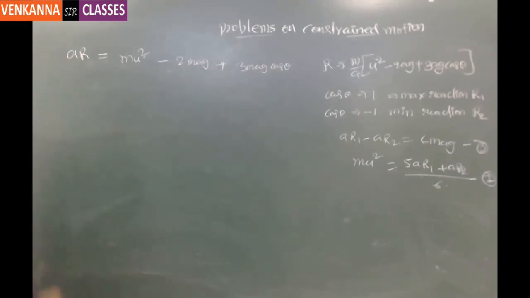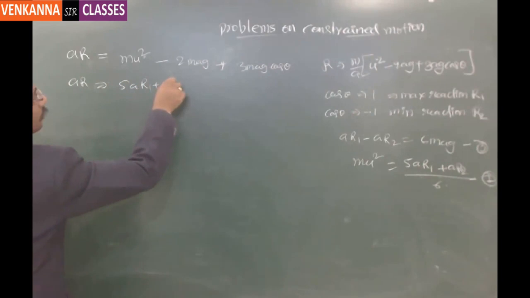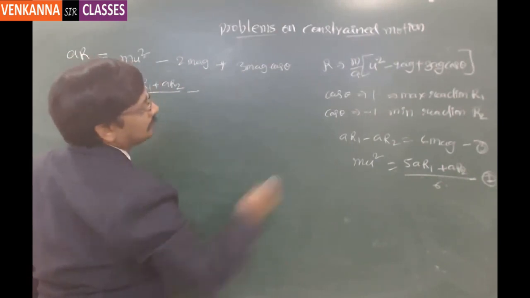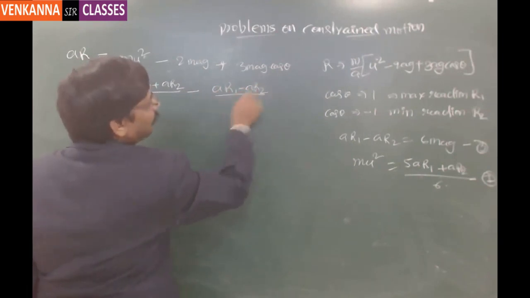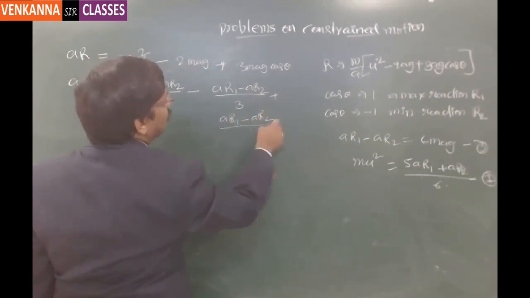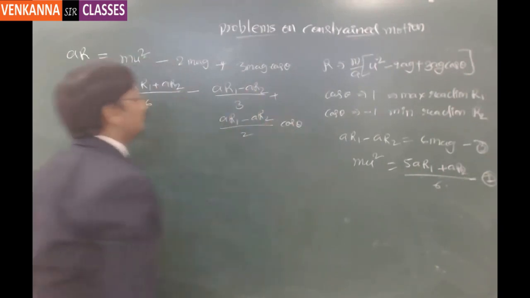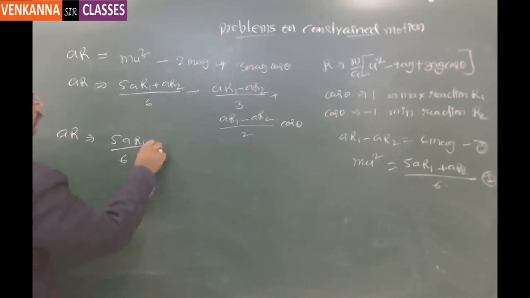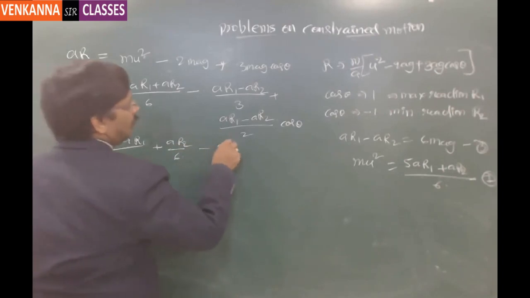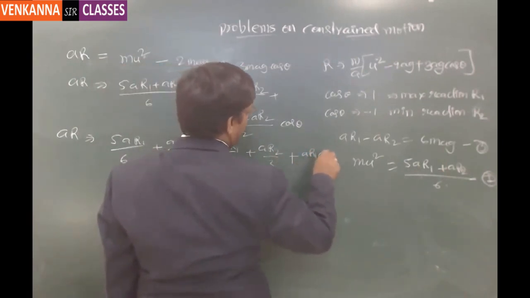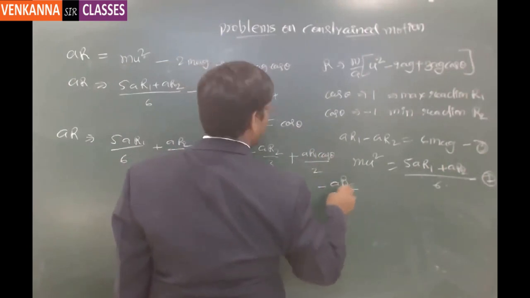If you substitute those relations, mu square I can replace, so aR is equal to (5aR1 plus aR2) by 6 minus 2 mag plus 3 mag cos theta. Here 2 mag is (aR1 minus aR2) by 3, and 3 mag is (aR1 minus aR2) by 2. So if you further simplify, aR is equal to 5aR1 by 6 plus aR2 by 6 minus aR1 by 3 minus aR2 by 3 plus aR1 cos theta by 2 minus aR2 cos theta by 2.